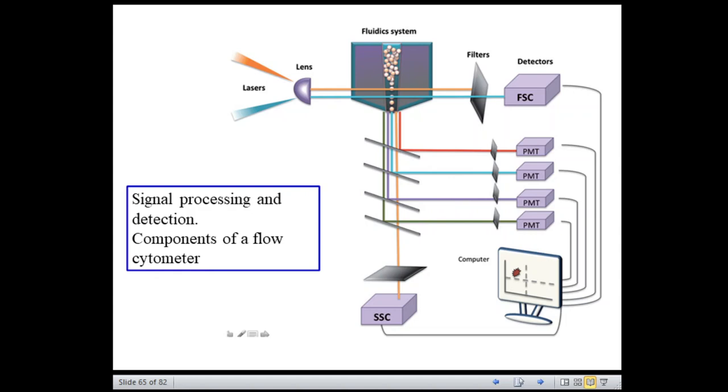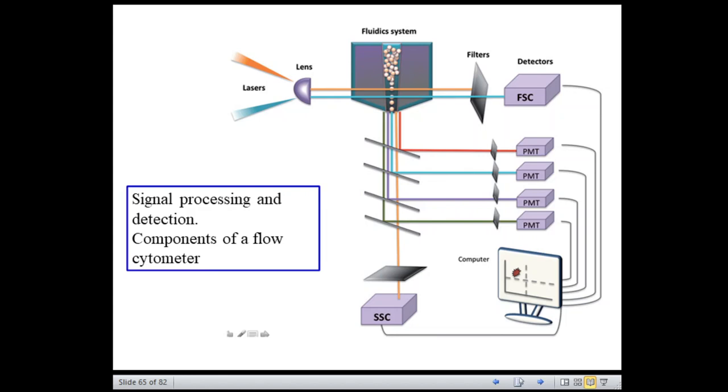So the maximum amount of scattering or fluorescence is obtained as the particle is in the center of the beam. So that is very crucial to get the maximum amount of scattering or fluorescence. So it is possible when the particle is in the center of the beam.